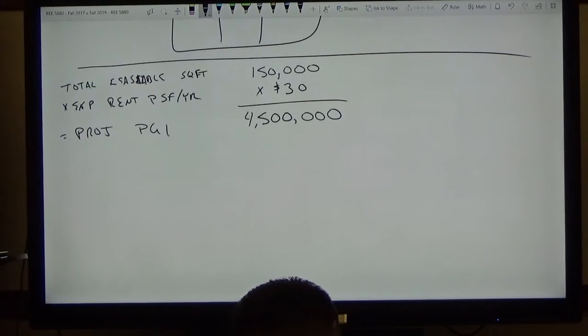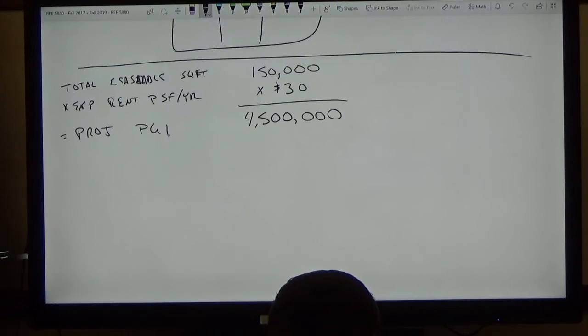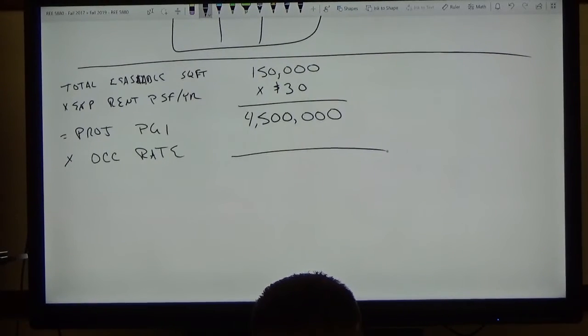Everybody good? So it's working backwards. Then we're going to multiply that by our occupancy rate. Now, the occupancy rate that we're going to use here is, once again, hopefully tied to this particular property type within this particular market. Does that make sense?